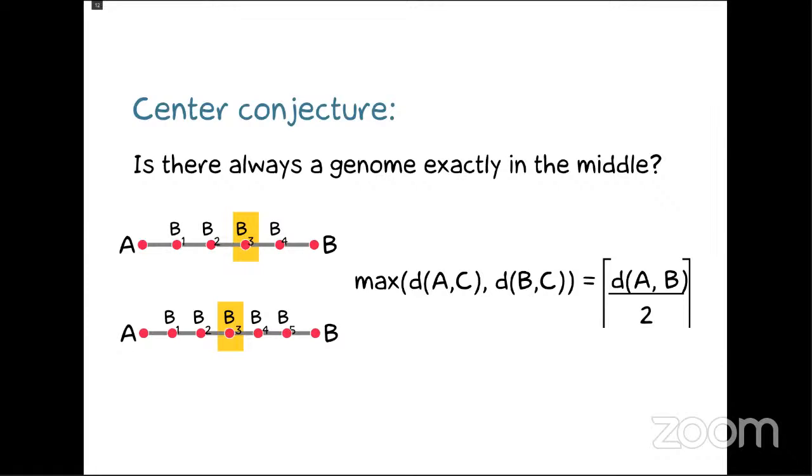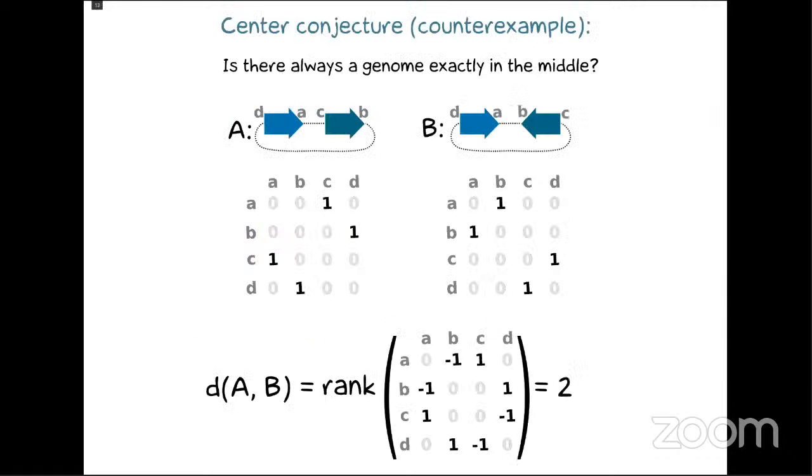So this is the same as saying that there is a genome C attaining the lower bound for this maximum of DAC and DBC. Okay, the lower bound is the distance of AB divided by 2, rounded above, because if you have an odd number, it cannot be equal. All right, so the question is, can we always find that with the rank distance?